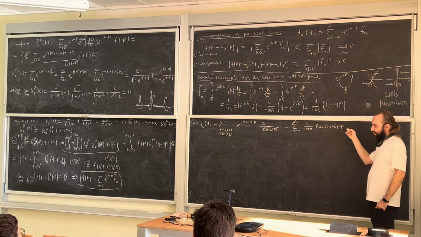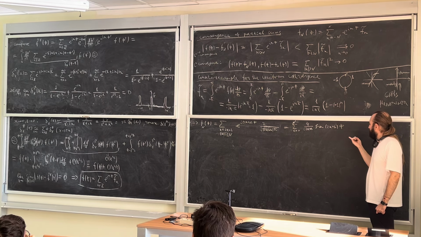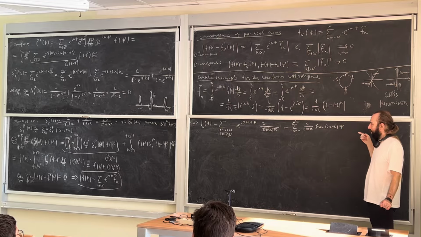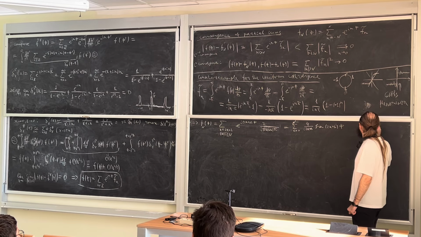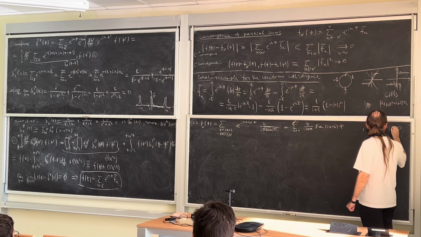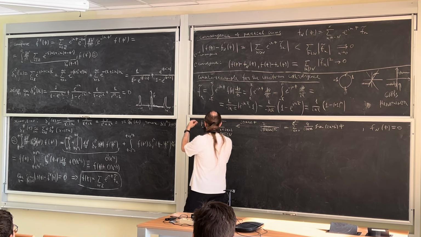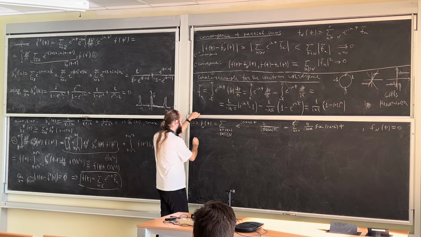So this is such a function. And you can check that if we put phi equal to 0, then it's 0. It's fine. But what if phi is small?